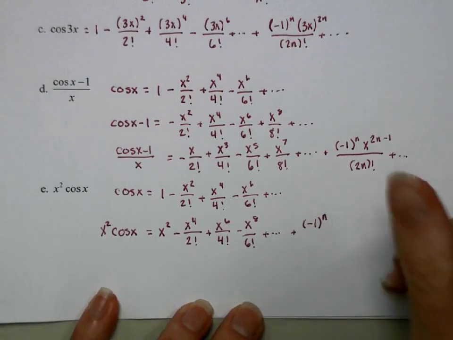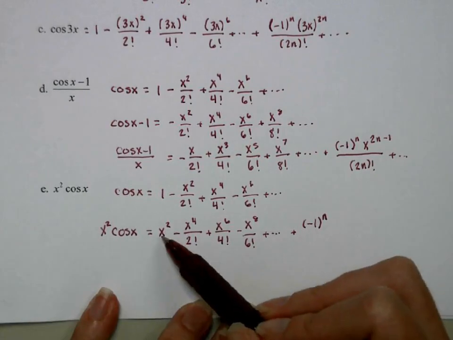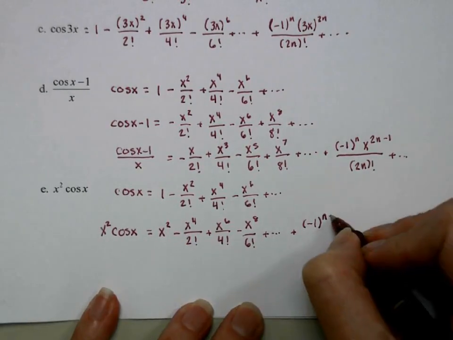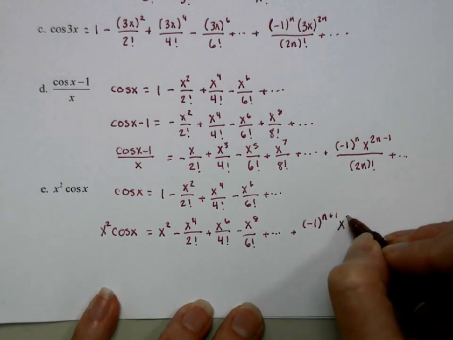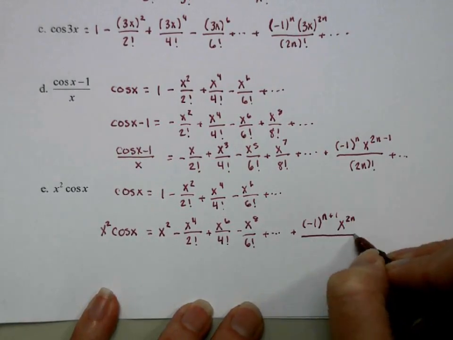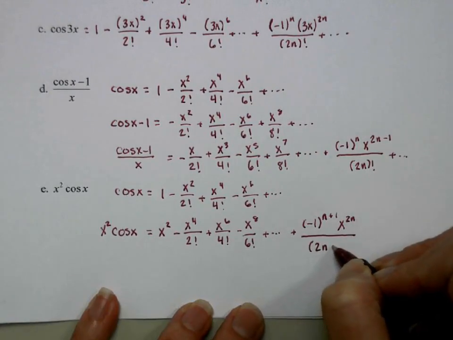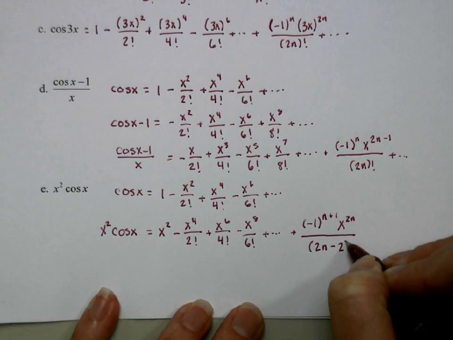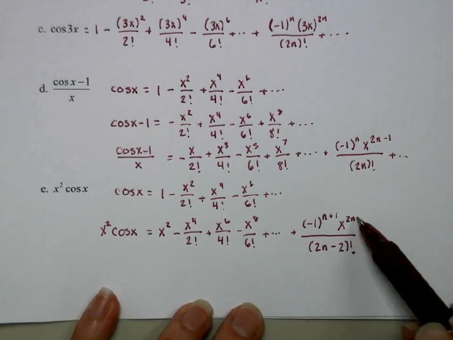And I'm going to do it so I can plug in a 1 to get this. So if I plugged in 1, this would be negative, so I'll go ahead and do a plus 1. My power is going to be x to the 2n, and then my denominator is going to be 2n minus 2 factorial, because the factorial is 2 less than whatever this power is.